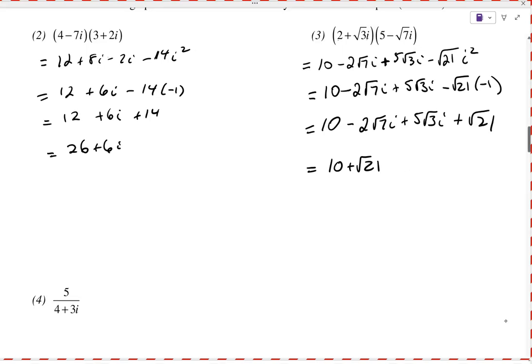I'll write it this way. If I want to write this in standard form, I need to factor off the i, because the standard form is number without the i plus number with the i. So for these two terms that have an i, I need to factor it off. That's the ugliest it'll get, I promise.